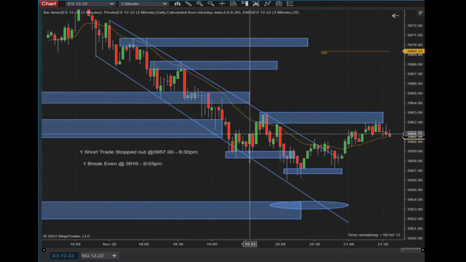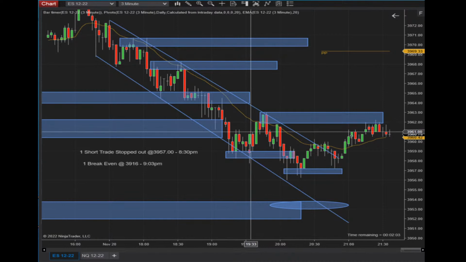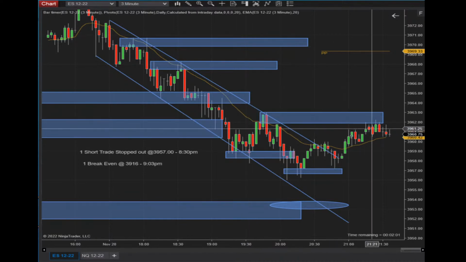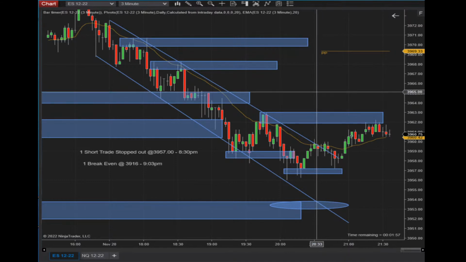I didn't want to risk any more because guess what? If we would have added right here, we would have gotten taken out twice with 4 contracts. This was only 2 contracts. Well, both trades I took were 2 contracts. You've got to be able to take the winners with the losers, because you're definitely going to have losers.